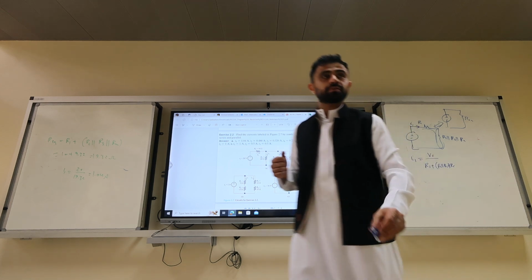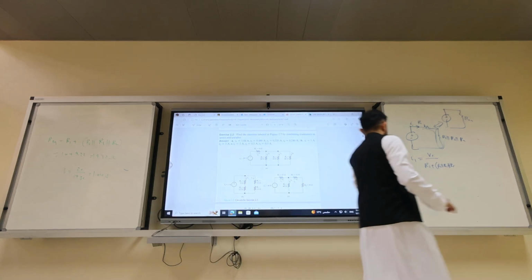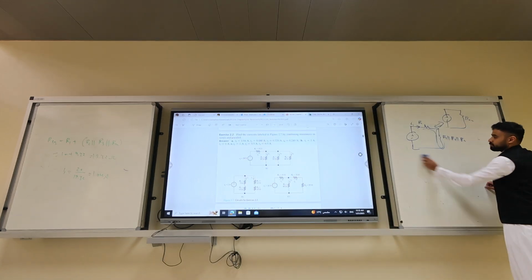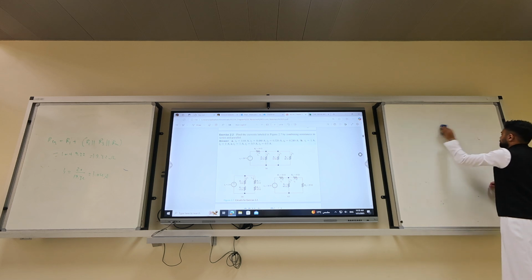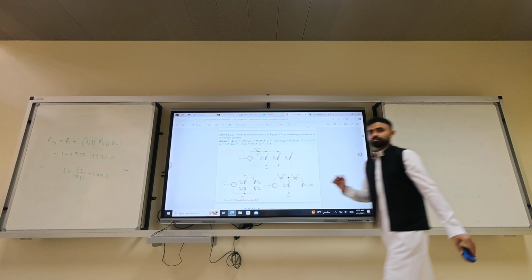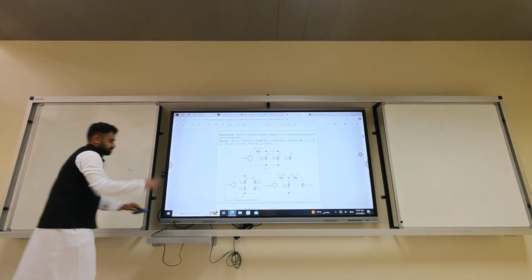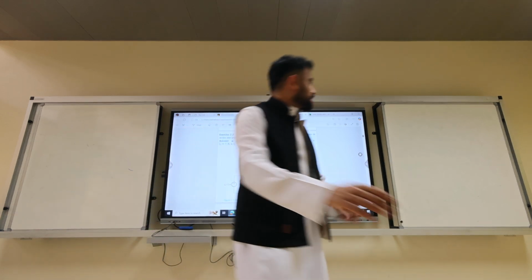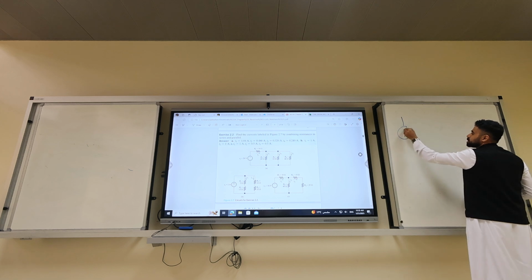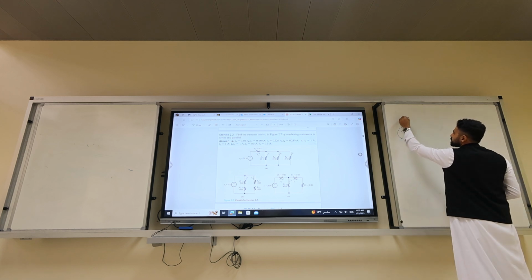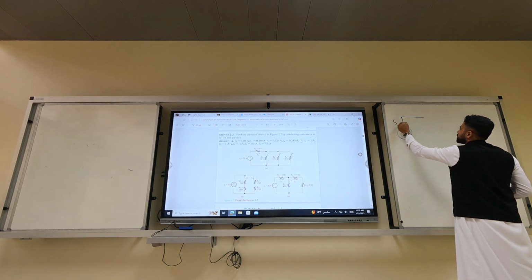Do you want me to solve it? I will solve it. Which problem do you want me to solve? Both? Let's do C. So C is a current source. What did I tell you about a current source? We do not know its voltage. So the current here is IS.